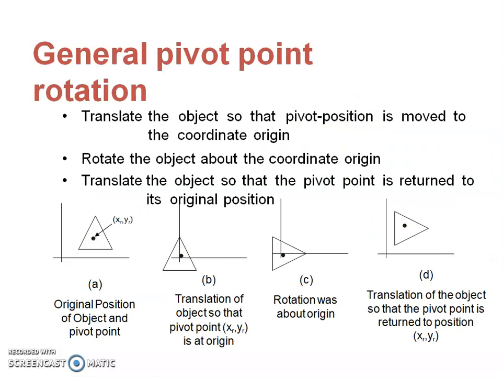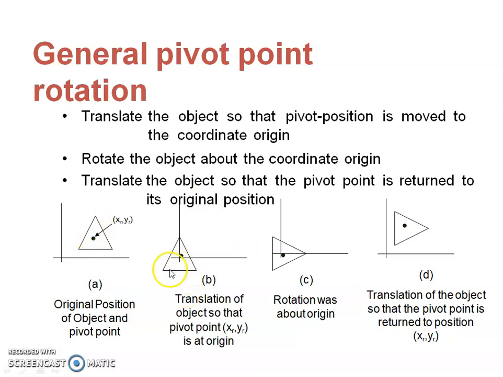And general pivot point rotation. Here we translate the object so that the pivot position is moved to the coordinate origin. Here the triangle is here and the center is represented by this coordinate xr, yr. This one is the original position of the original object, and the pivot point is this one.